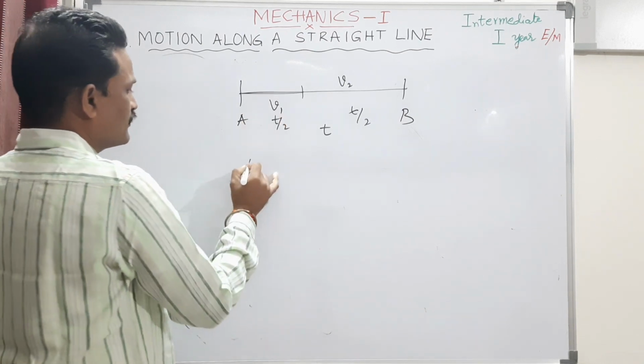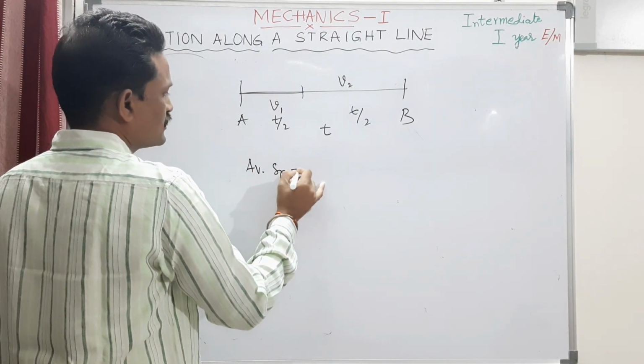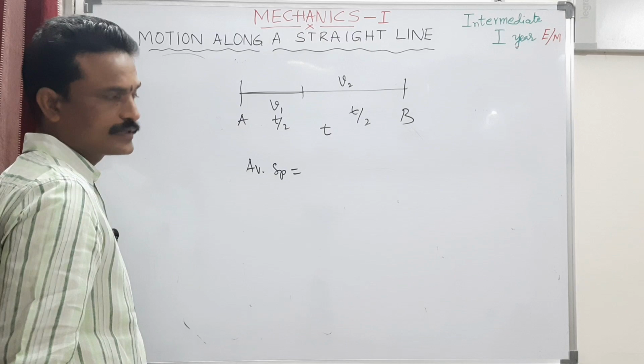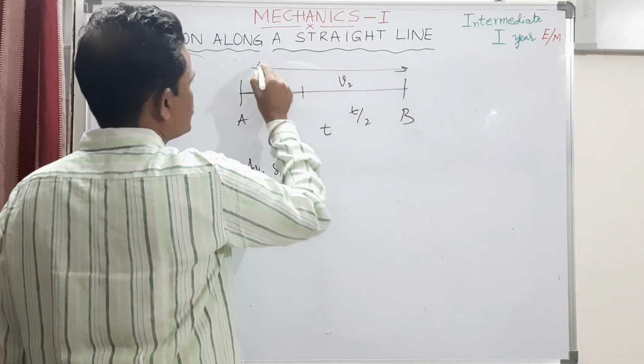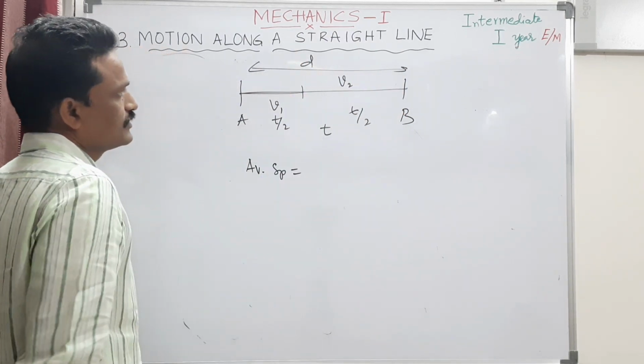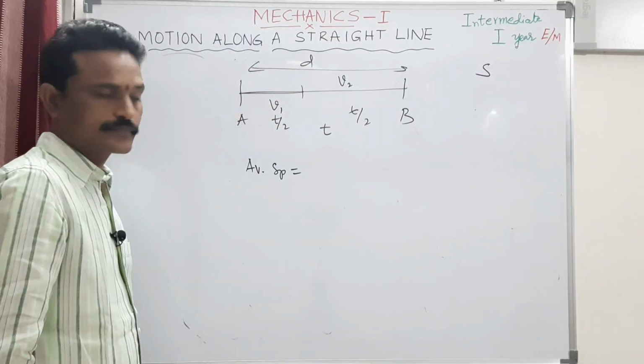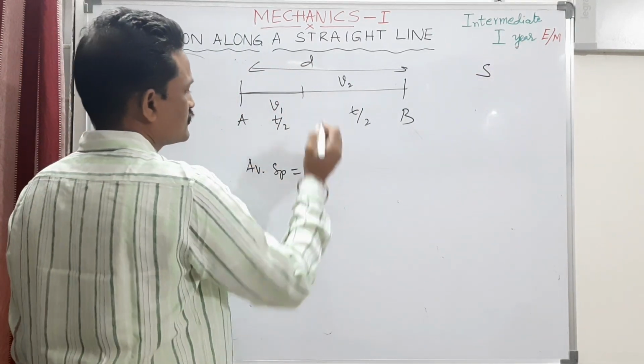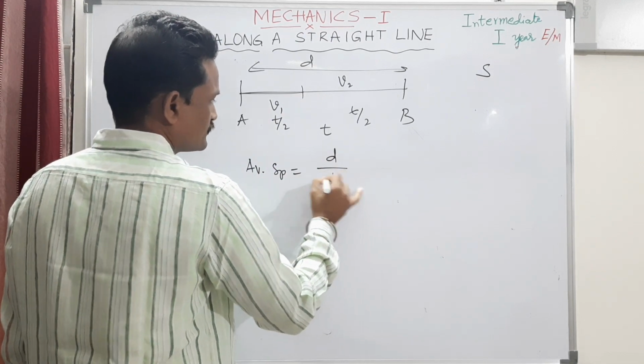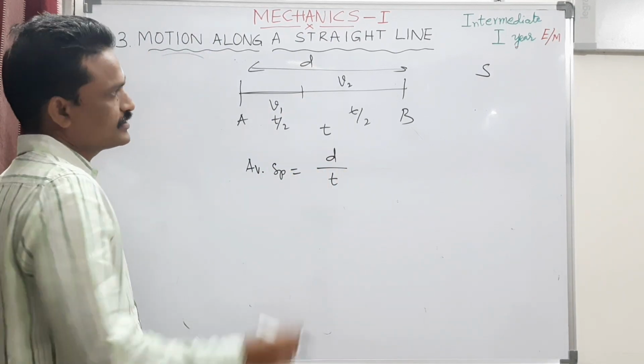Now how to find the average speed? So average speed is equal to total distance. Let us say total distance is d. Generally we use d for distance and s for displacement. Now average speed is total distance divided by total time. But I don't know the distance.